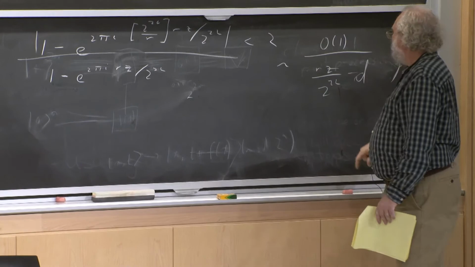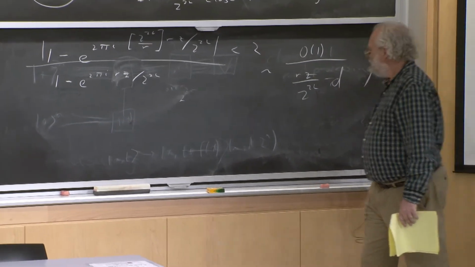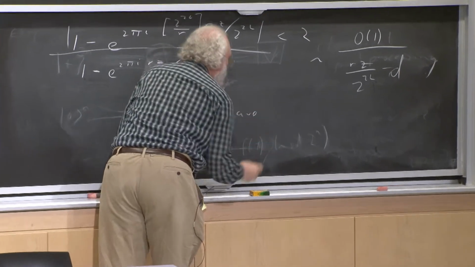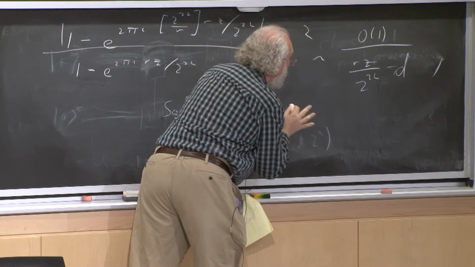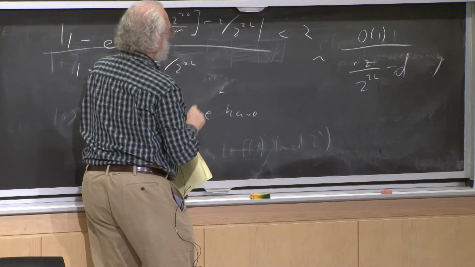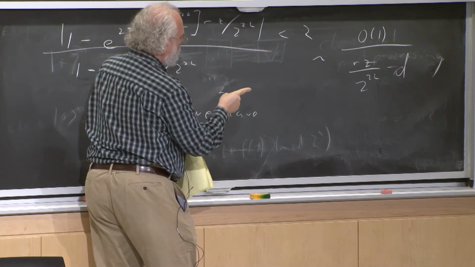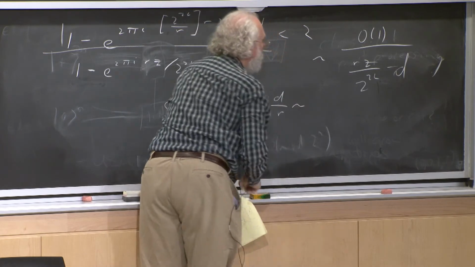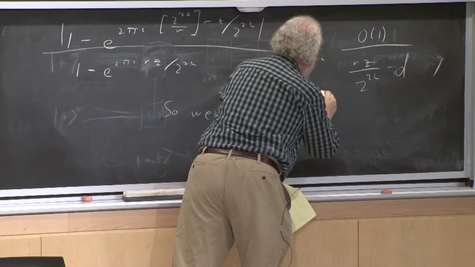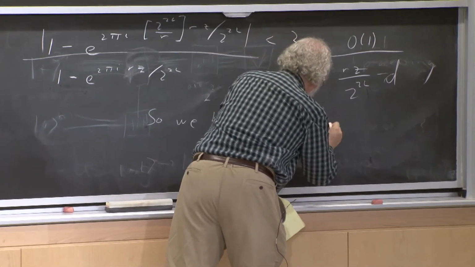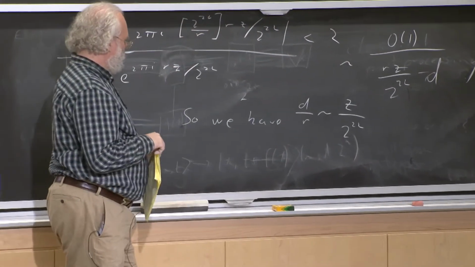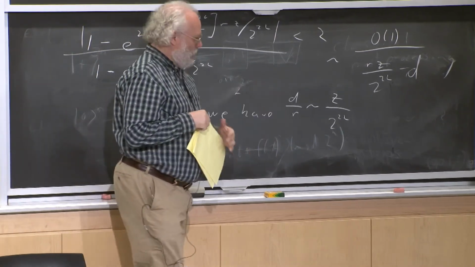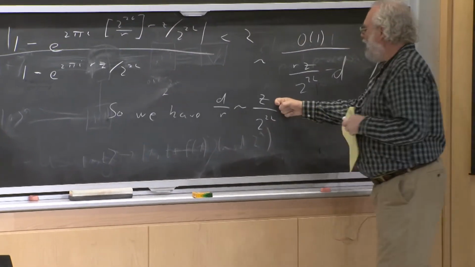minus d, because d was our integer. So we have d over r is roughly z over 2 to the 2L. So what our algorithm does is it outputs z.